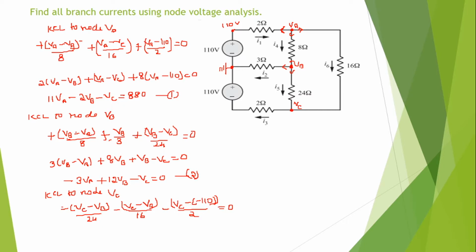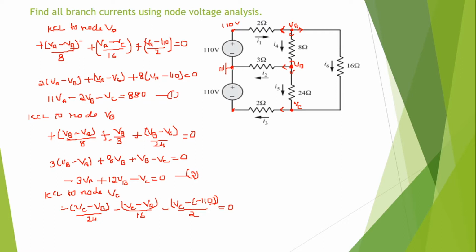Why is this minus 110? Because the current flow in this 2 ohm resistor from VC is VC minus the potential at this point. To find the potential at this point, we need to trace a path from the reference to this point.